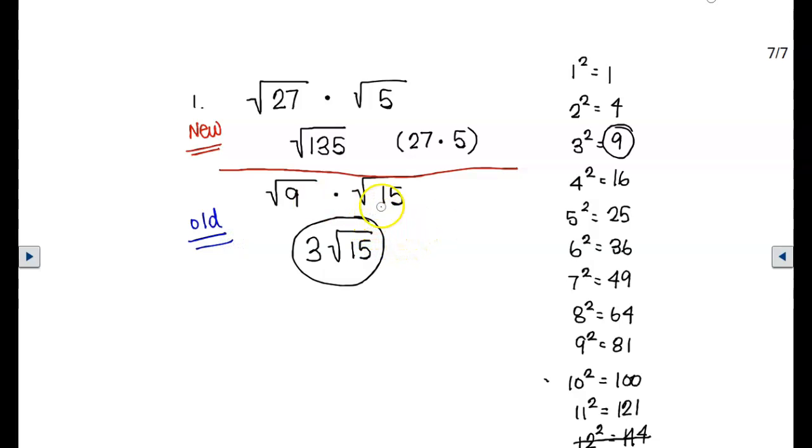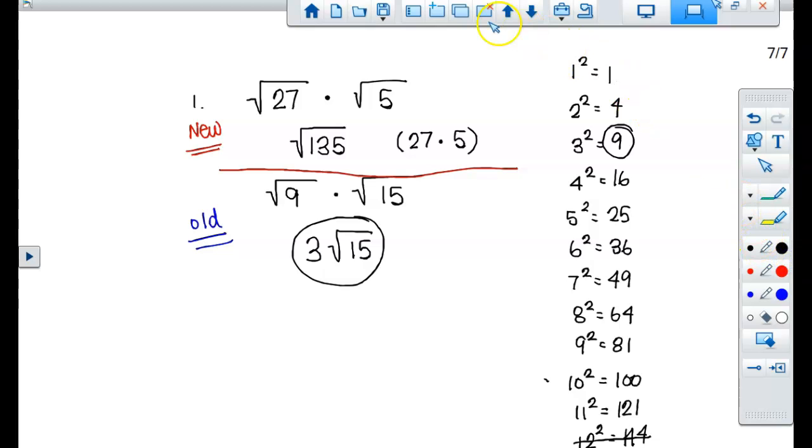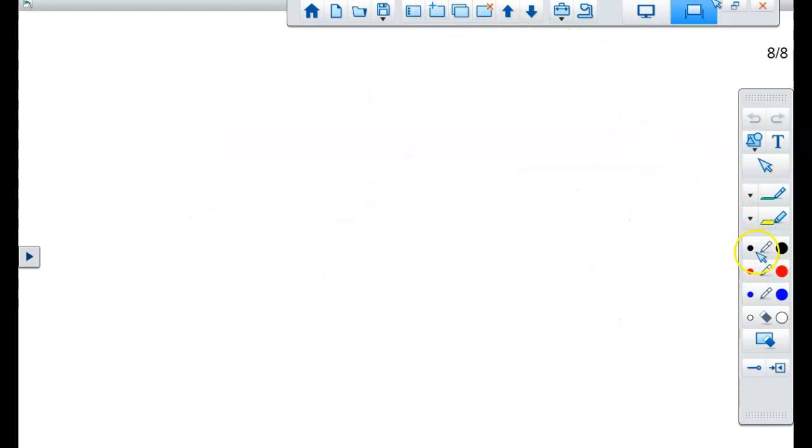So I want to point out there's not that much new here. You're just multiplying an outside number times an outside number, an inside number times an inside number to make one root out of it, and then the remainder of that is just the simplifying that we had already been working on.